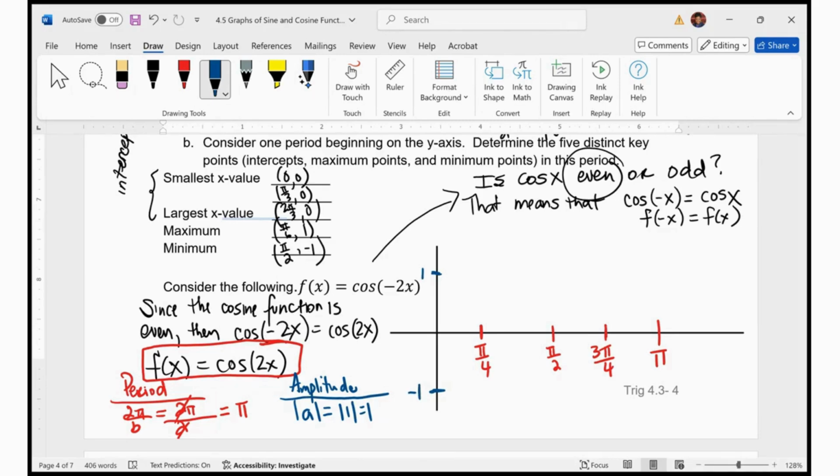All right, for cosine, where does cosine cross the x-axis normally?